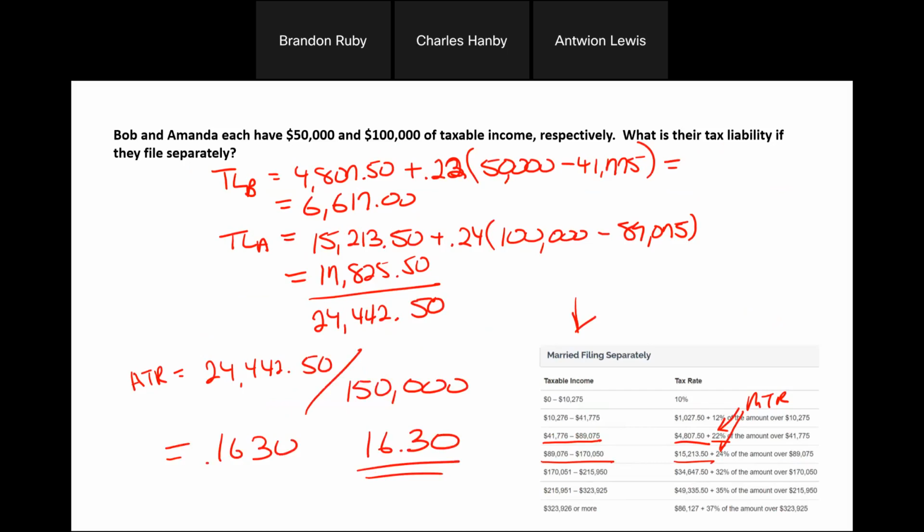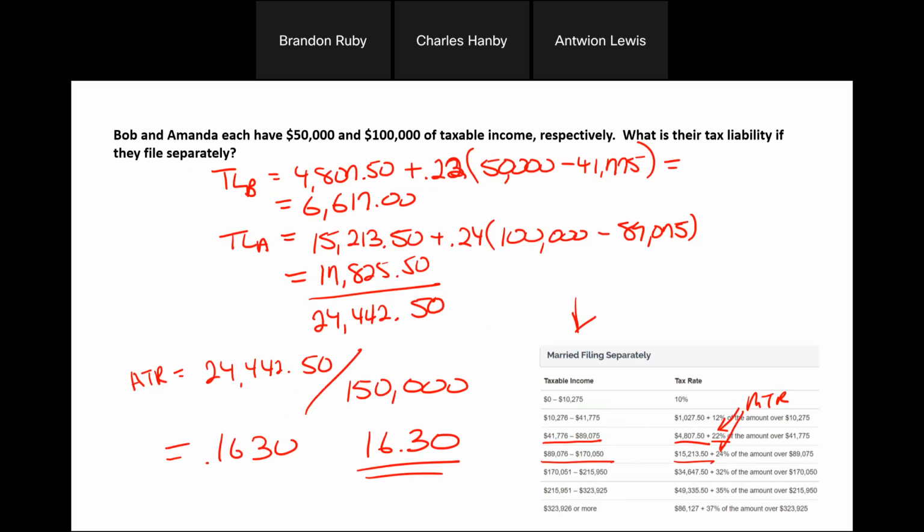There will be marginal tax rate questions, average tax rate questions, and so forth on the problems.